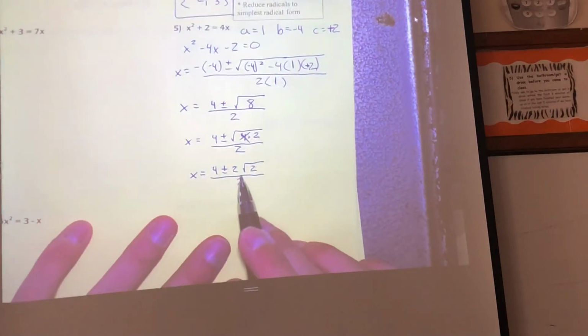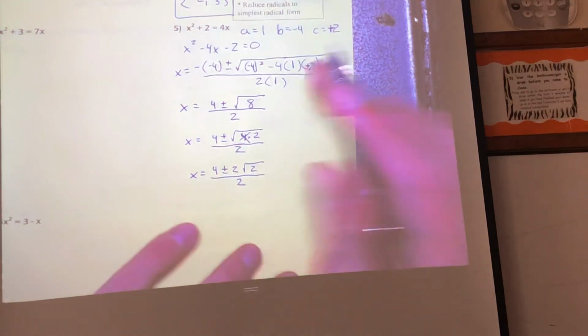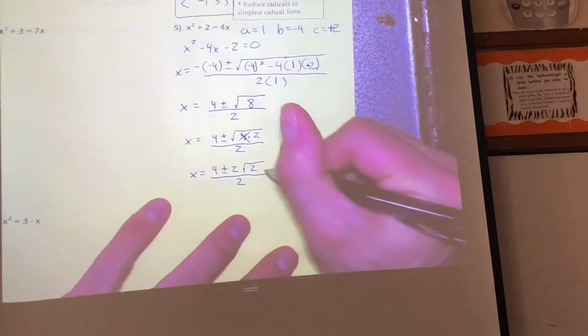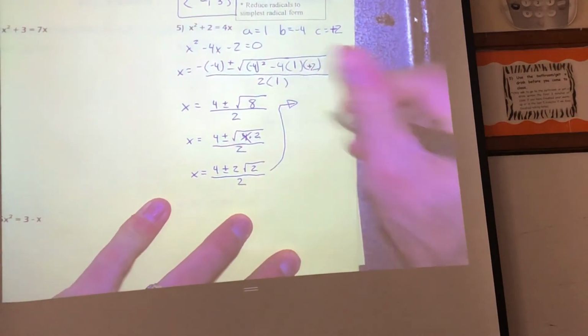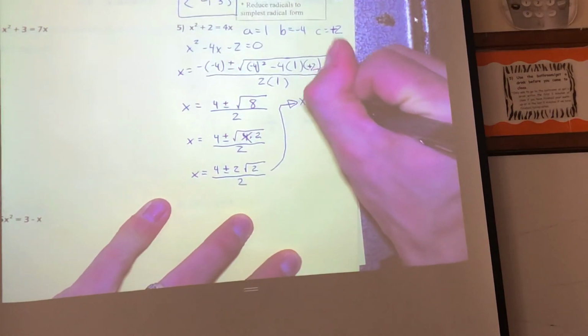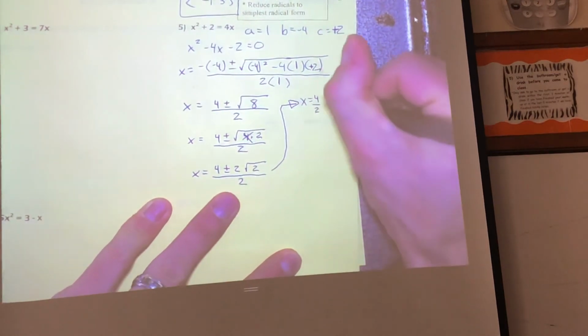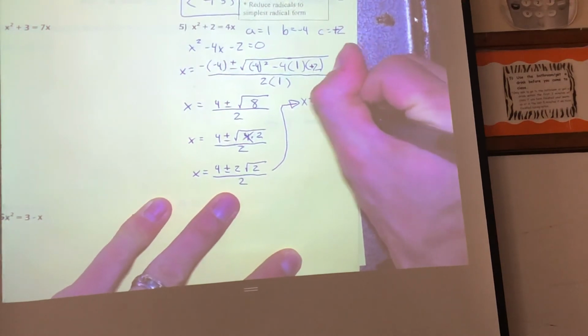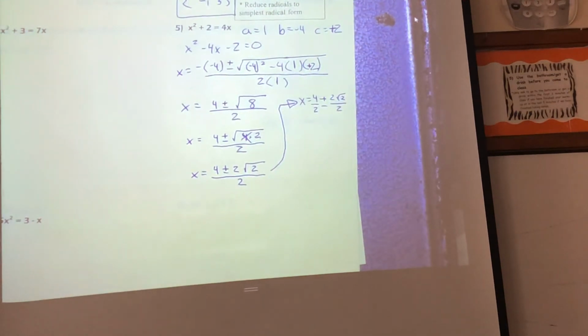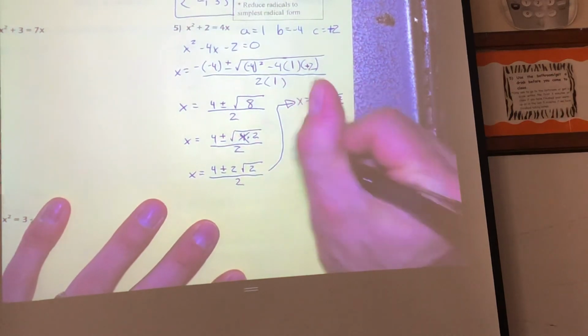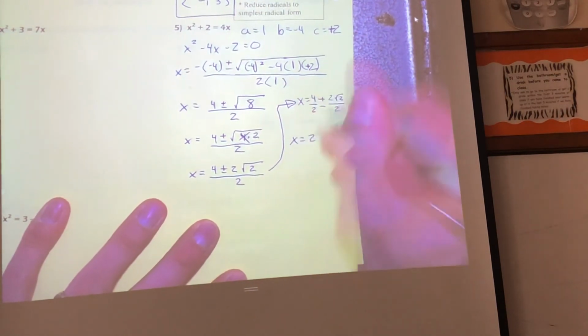I'm going to take this, and I'm going to break it into 2 parts. I'm going to have x is equal to 4 over 2, as we did in our first example, plus or minus 2 radical 2 over 2. 4 over 2 simplifies to just 2.